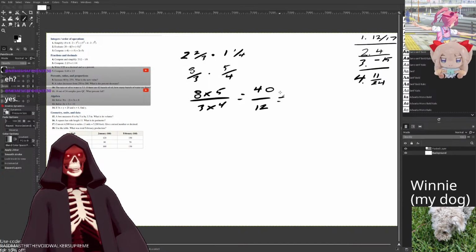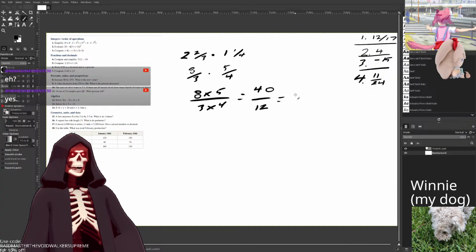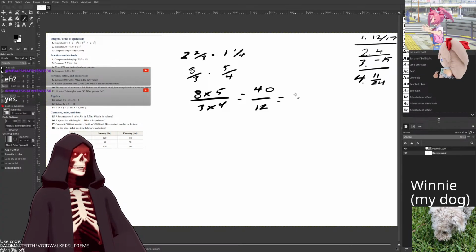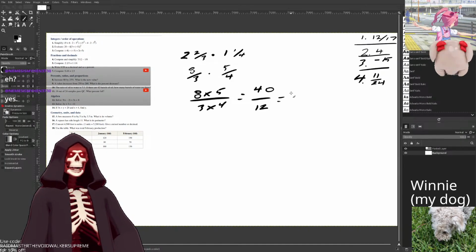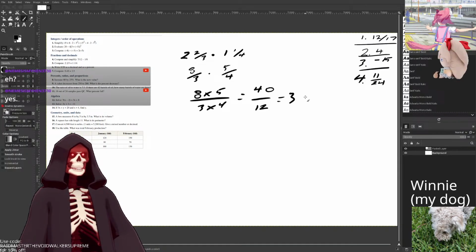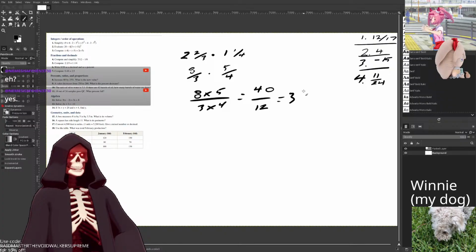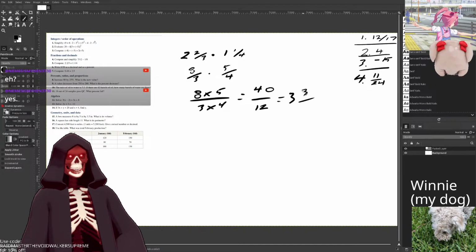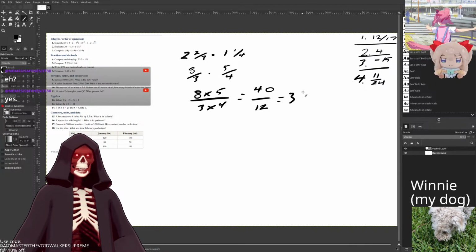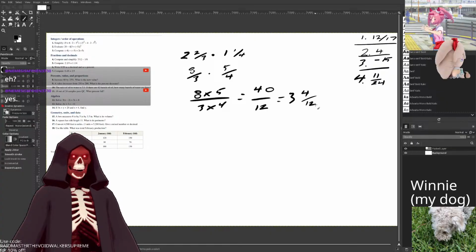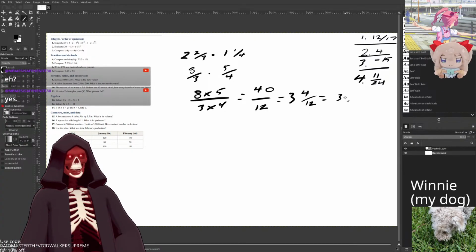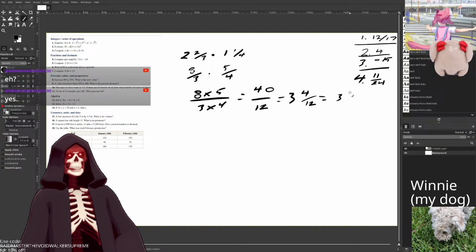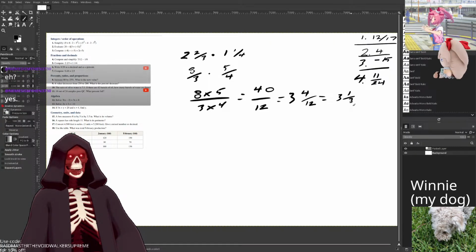So you effectively just take 40 over 12, which is not 48, so it's less than 4. So that's 3 and 36 plus 4. So 3 and 4 twelfths, which is also equal to 3 and 1/3.